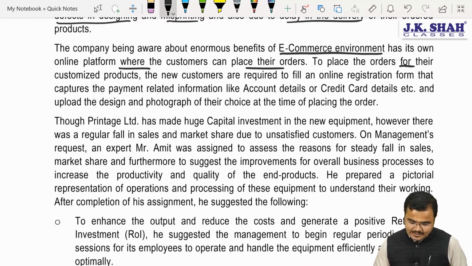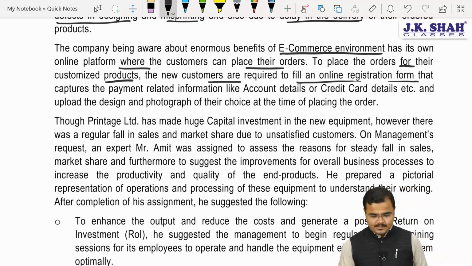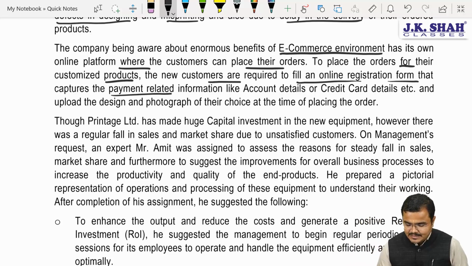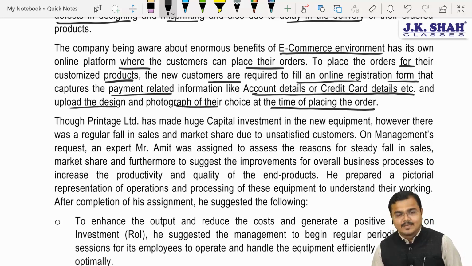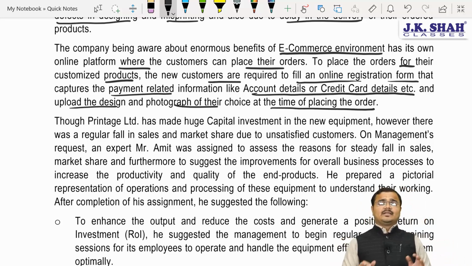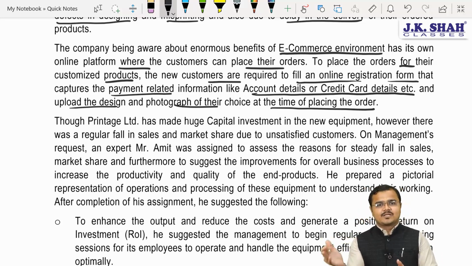To place the order for their customized product, the new customers are required to fill an online registration form that captures payment related information like account details, credit card details, etc., and upload the design and photograph of their choice at the time of placing the order. So whatever database we are collecting of customers, chartered, that is required to be stored in a completely protective manner. Further chartered, it is also covering CRM, customer relationship management, that we are keeping the data with us only. But this is financial data.